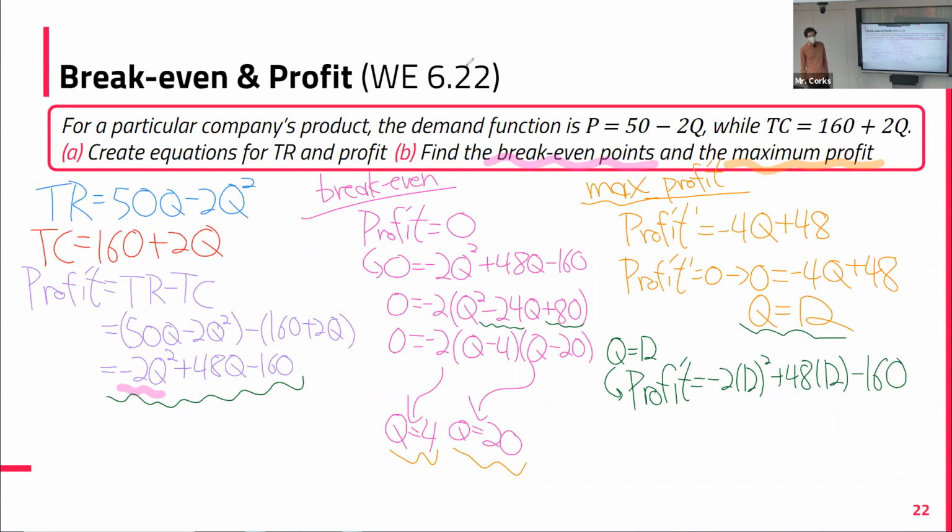Calculator. I saw you typing it in. So 12 squared, what's that number? Okay, 144. So times -2. All right, so -288, and this number 48 times 12.